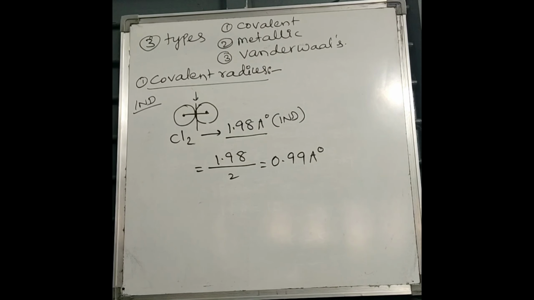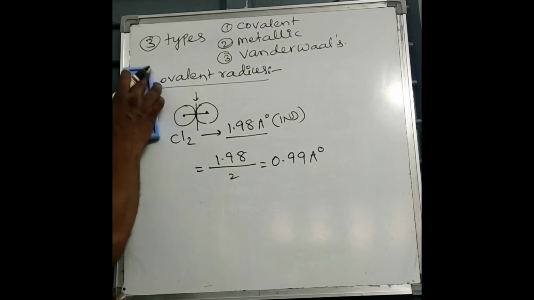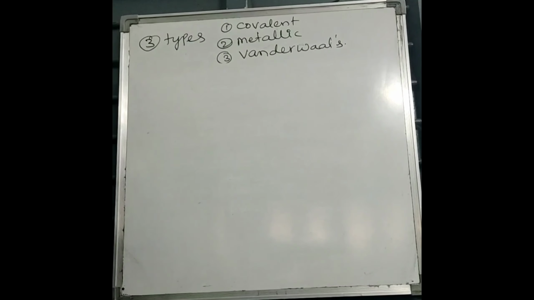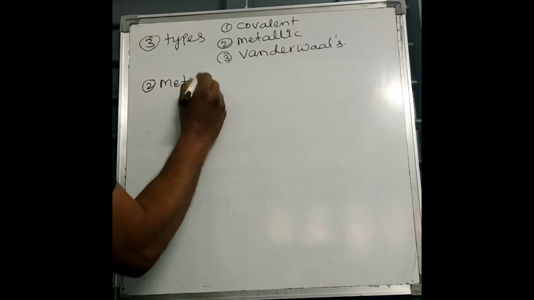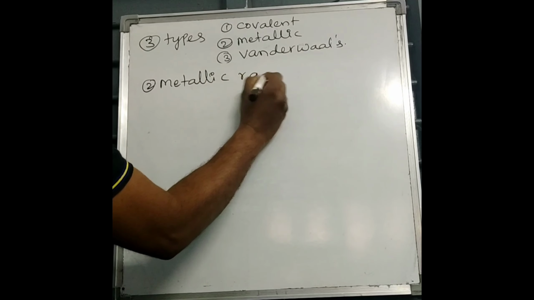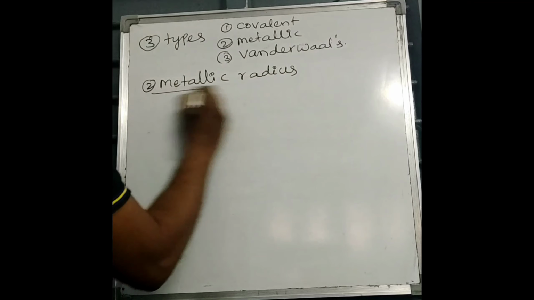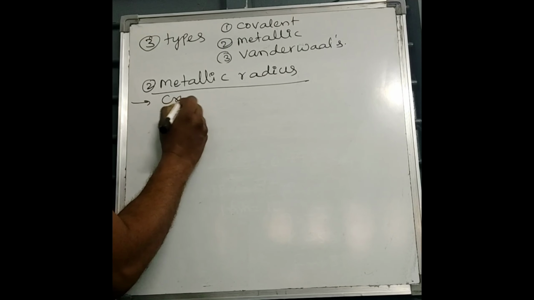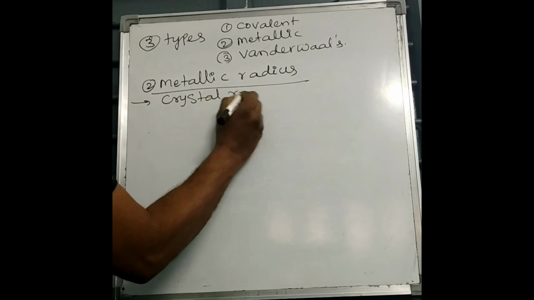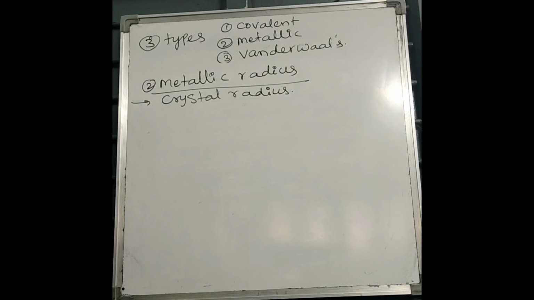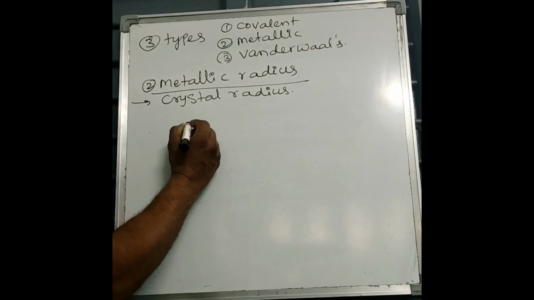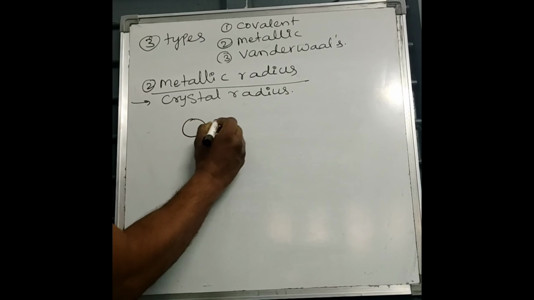The next one is metallic radius. Metallic radius is also called crystal radius. So here also the definition is in the same way as covalent radius.